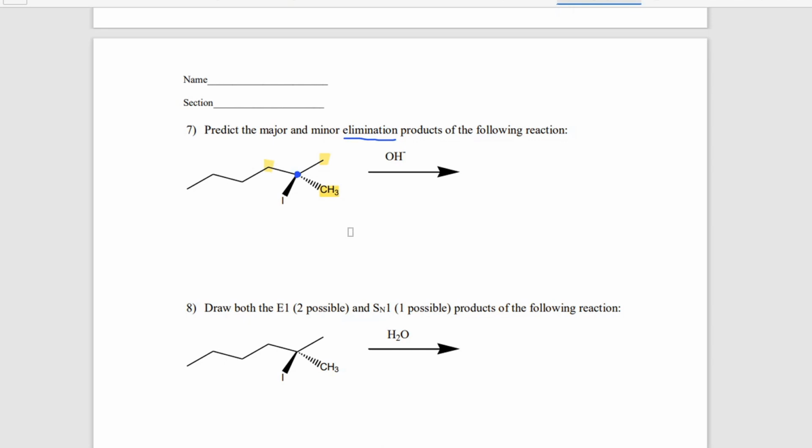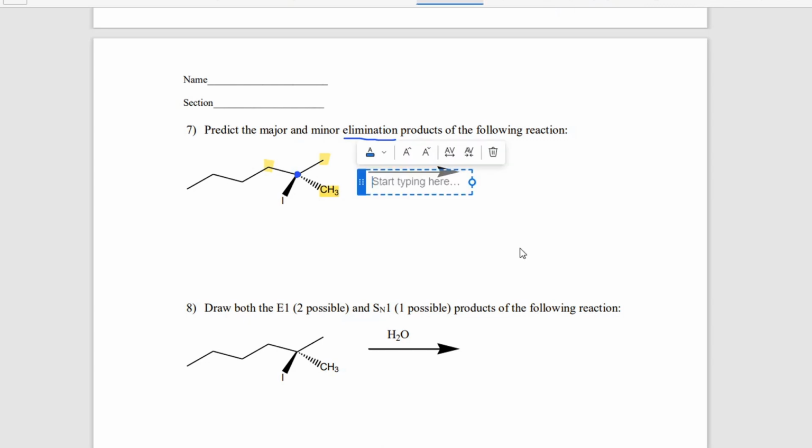So you have a tertiary leaving group, and then you look at the potential nucleophile or base, OH minus. First we ask, is it a strong base? What do you think? Is OH minus a strong base?